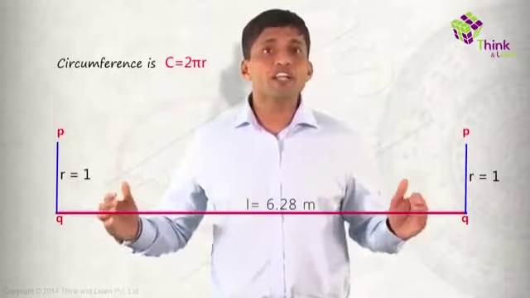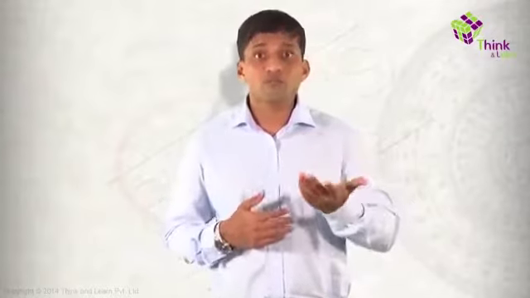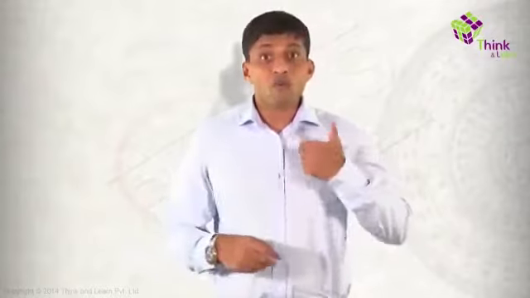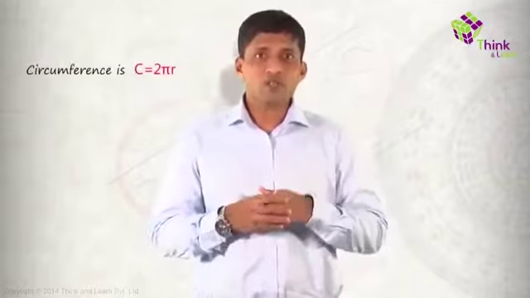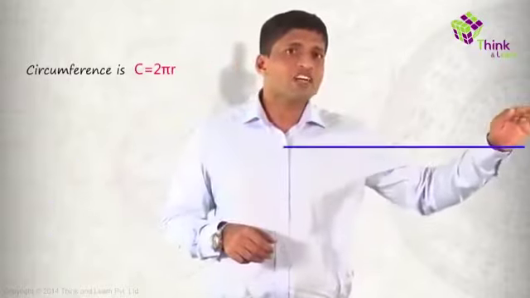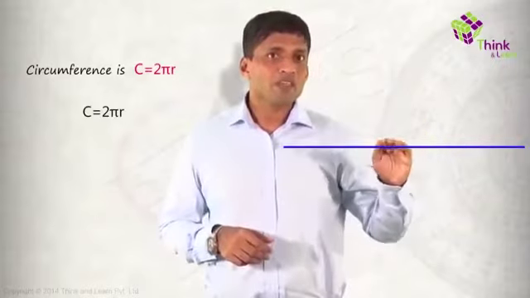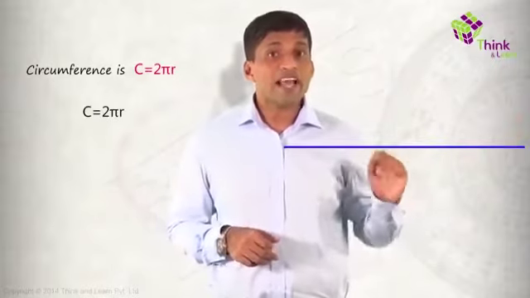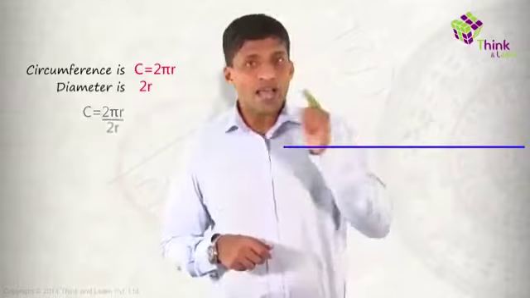That's why it will be 6.28 meters. So that's how we can visualize the circumference. From this, you can explain pi, because 2 pi r is the circumference. If I just open up a circle and take the circumference, which is 2 pi r, divided by the diameter, which is 2r, I'll get pi.